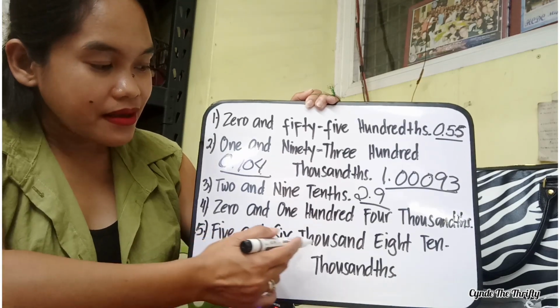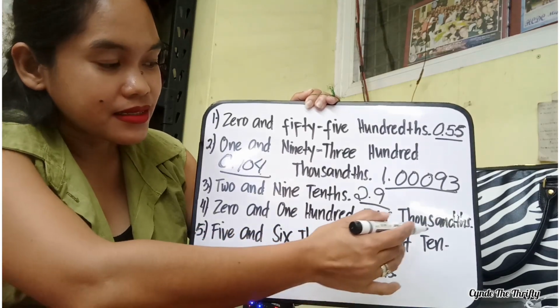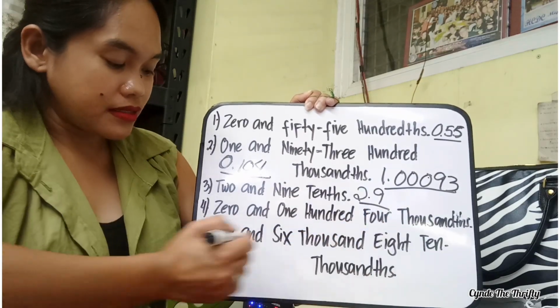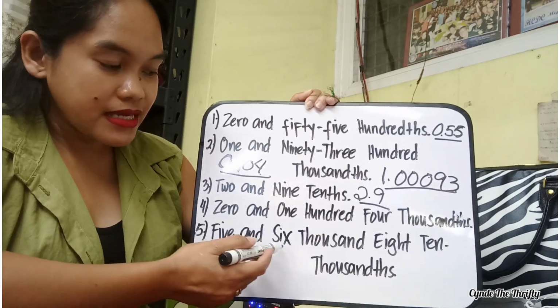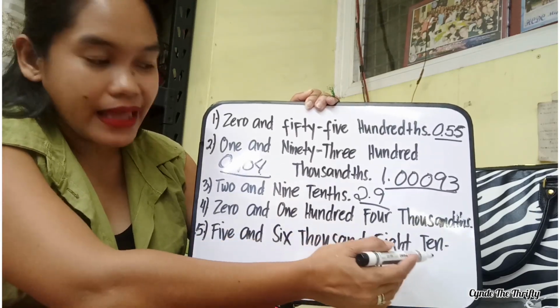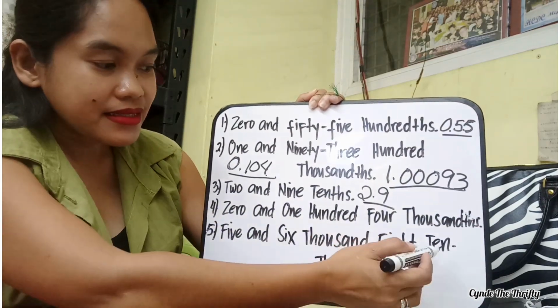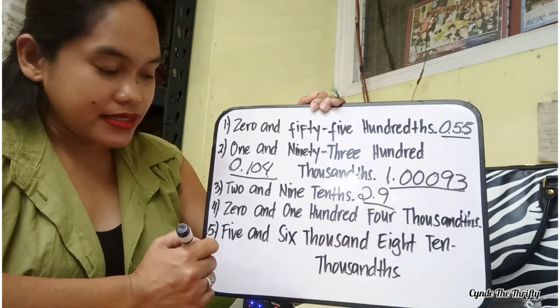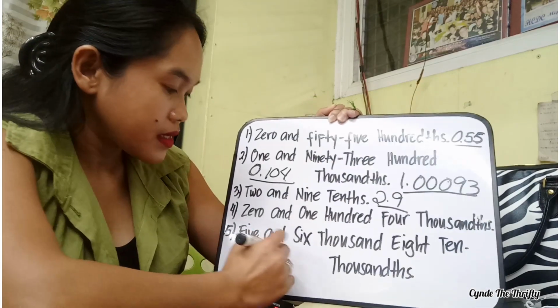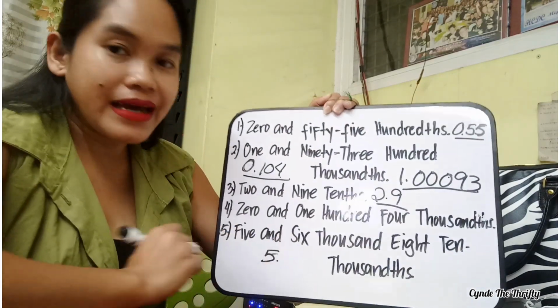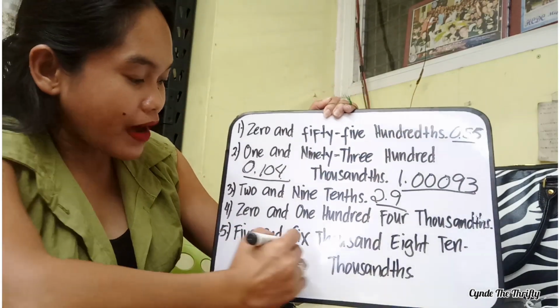Number 5, 5 and 6,008 ten-thousandths. Saan si 8? Nasa ten-thousandths place. Tenths, hundredths, thousandths, ten-thousandths. Kita ba dito sa baba?